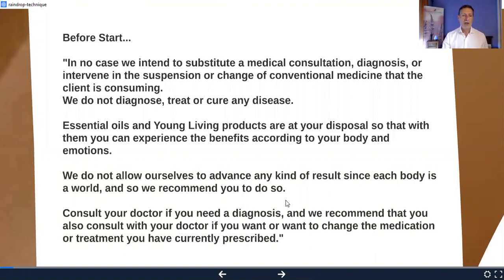So we do not allow ourselves to advance any kind of results since each body is different. So then please, if you have doubts, you consult your doctor if you need diagnosis. And if you doubt anything important, then don't do it. So ask before, okay? We have enough people around us who know a lot about essential oil and a lot about the raindrop technique.